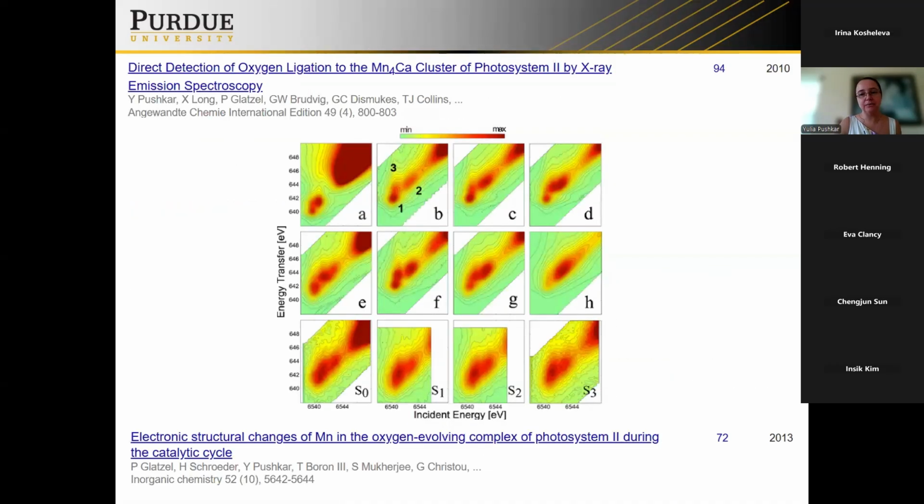And then with that setup, we were able to, so this is the bottom one, electronic structure changes. So we were able to scan the spectrometer and also scan the monochromator and record the so-called RIXS, resonant inelastic X-ray scattering data. And this is S0, S1, S2, S3 data, and the top is manganese reference compound.